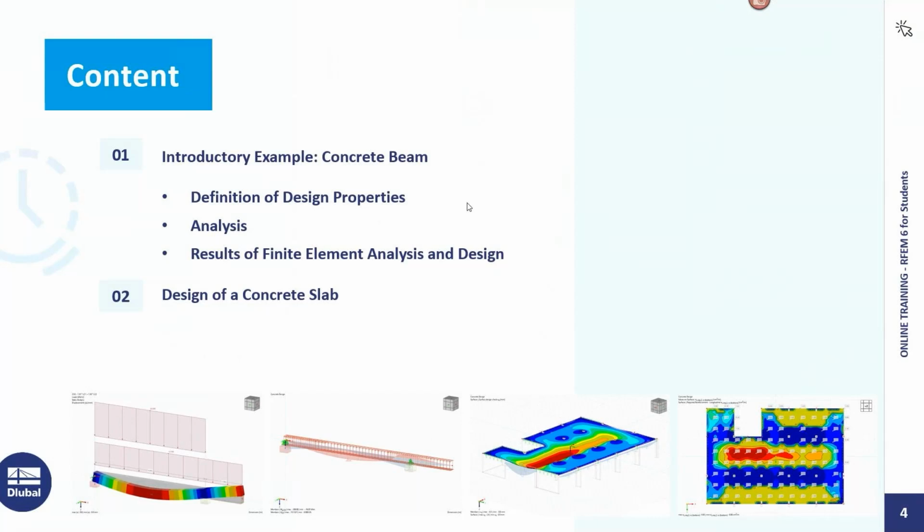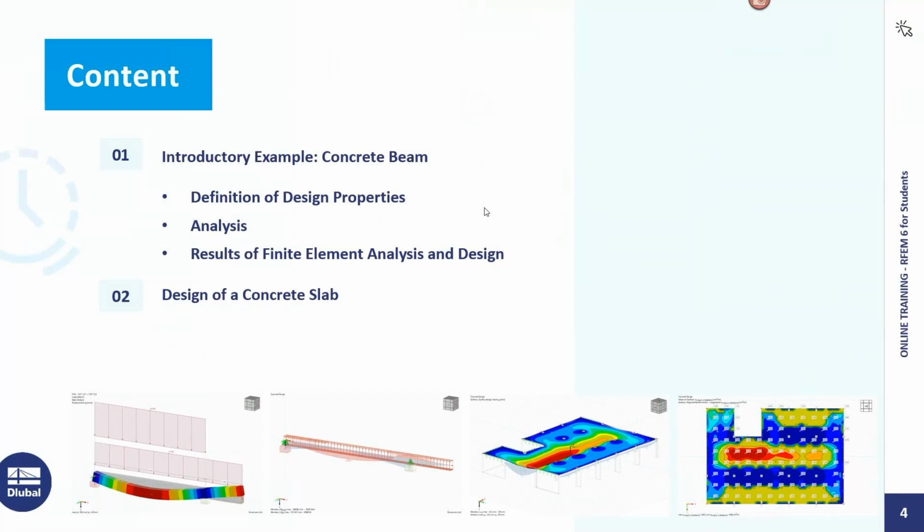We will do the finite element analysis for our system and also the concrete design at the same time. Afterwards, we will have a look at the results of the static analysis, the finite element analysis, and also the concrete design. After this example, we will also have a look at a concrete slab, and we will do the design for it too. That will be it for today.